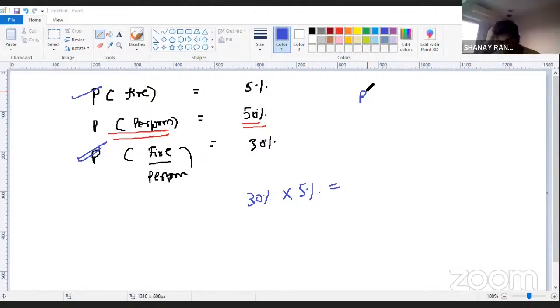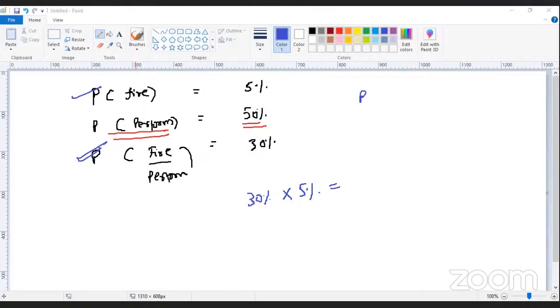So what is the combined probability of a person getting fired and performing? That would be the multiplication of the two. Right? So if we multiply this 30% with 5%, what do we get? 30% का 5% कितना होता है? 1.5%.